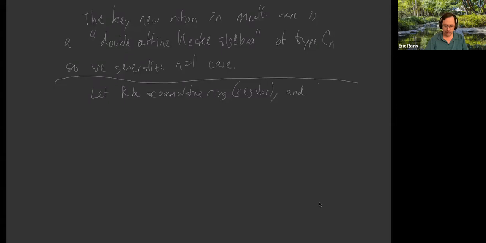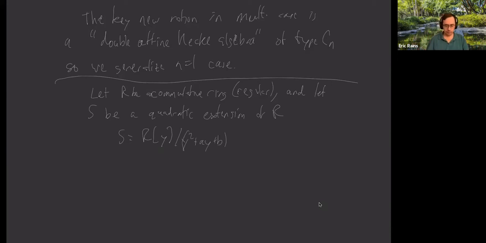And let S be a quadratic extension of R. So if you like, S is obtained by adjoining a variable and quotienting by a quadratic equation.